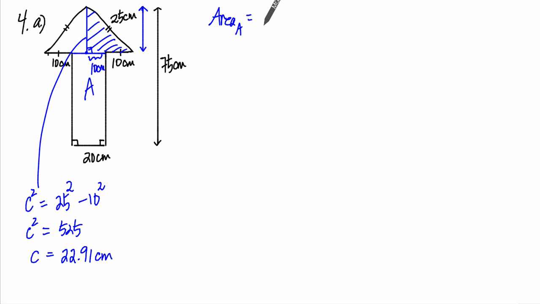So the area of A is going to be equal to, well, first of all, the height of this triangle is 22.91 centimeters. And the length of my rectangle here will be equal to 75 minus 22.91.